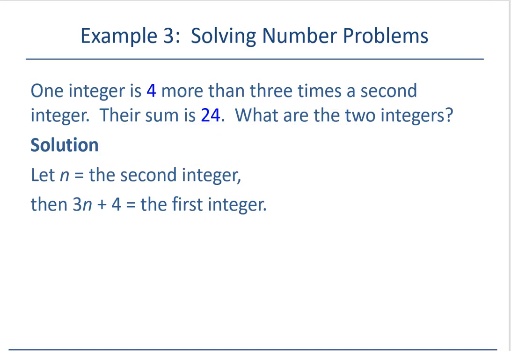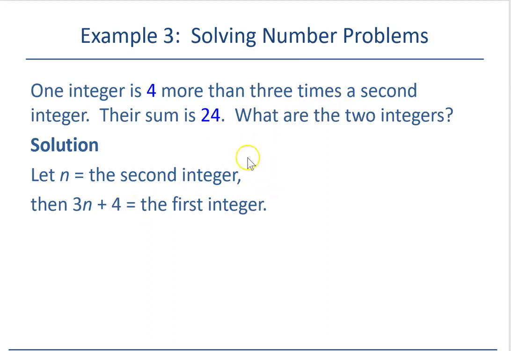Let's start working this out slowly but surely. We have example 3. We've got the first integer and then we've got the second integer. The first integer is 4 more than 3 times the second.